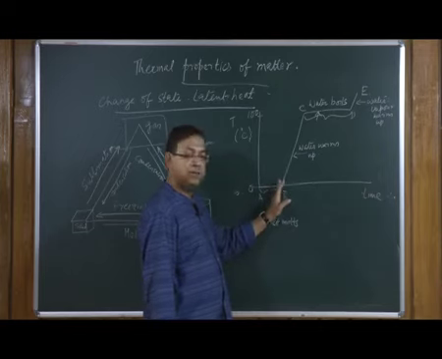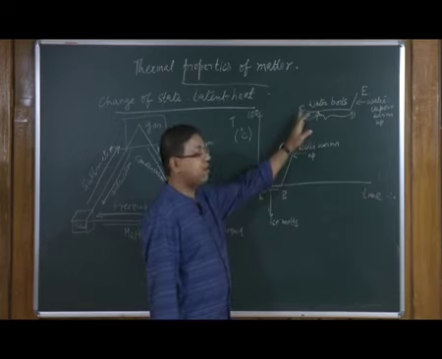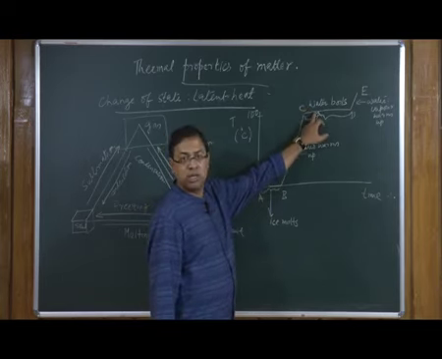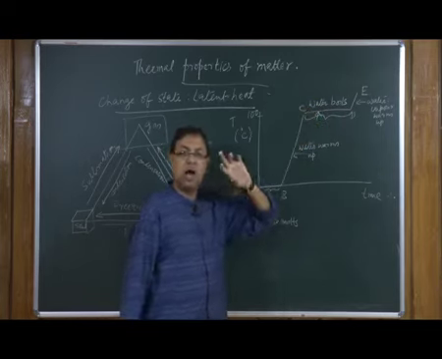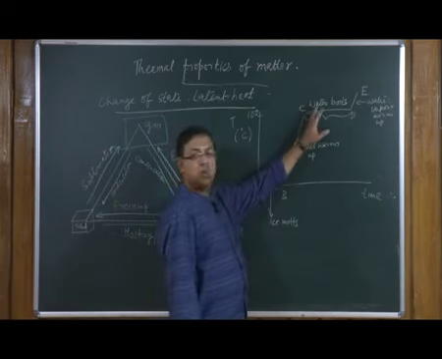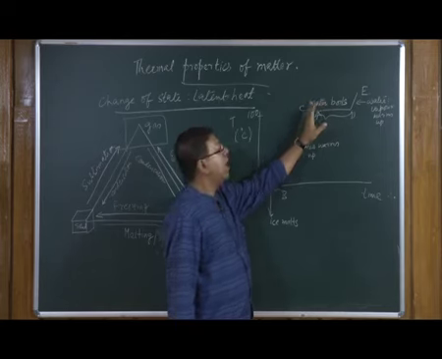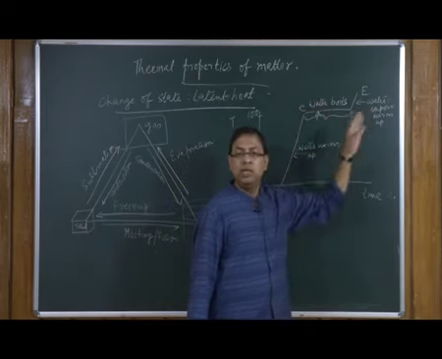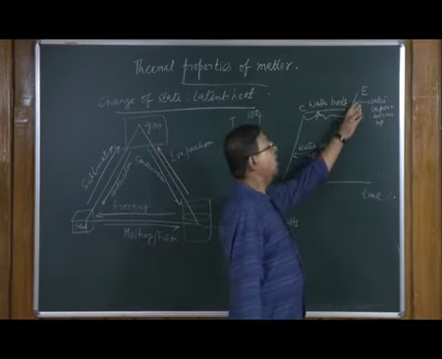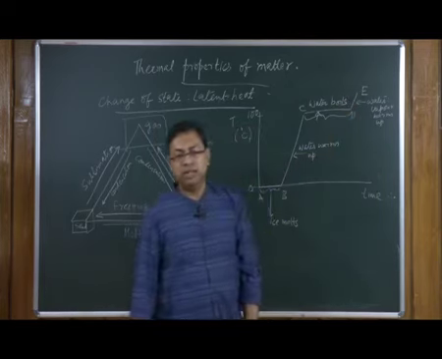When all the ice melts, the temperature starts rising again. Now, at this point water starts boiling, which means the system now is a combination of liquid and vapor, and when all the liquid gets converted into vapor, then the temperature starts rising once again.